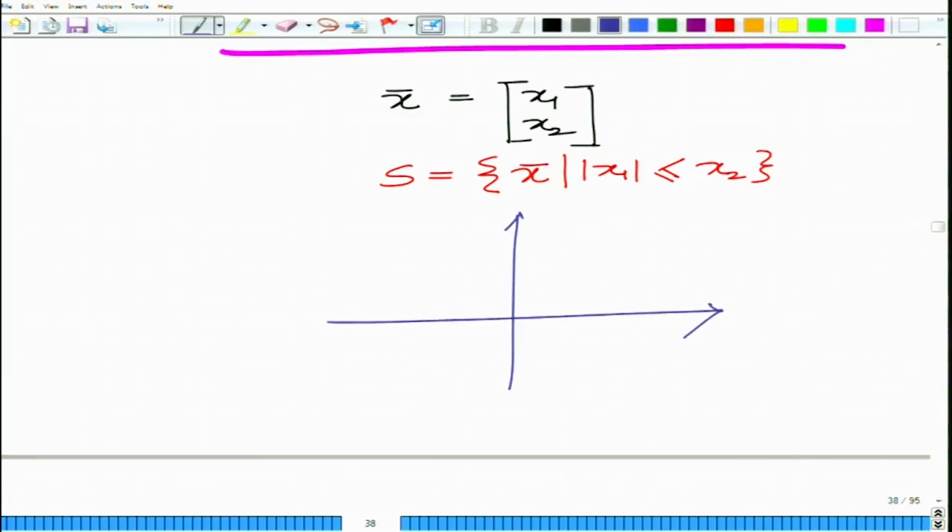This is your x1, this is your x2, and these two lines represent magnitude of x1 equals x2.